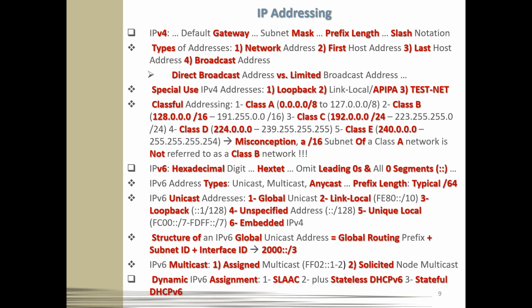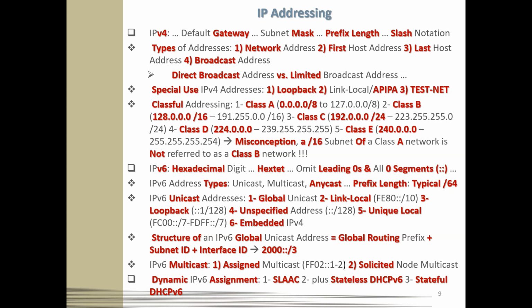Also remember, a very common misconception is that a /16 subnet of a Class A network is referred to as a Class B network. It shouldn't. A /16 subnet of a Class A network is not referred to as a Class B network.